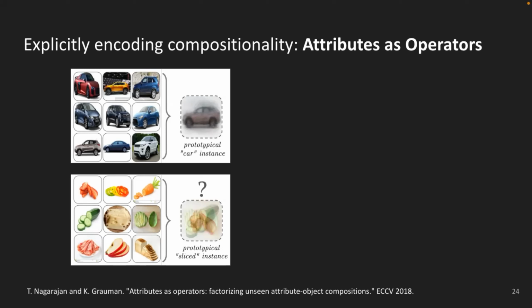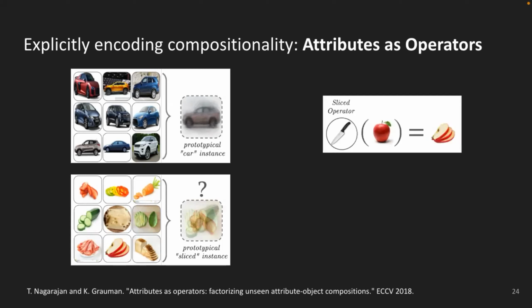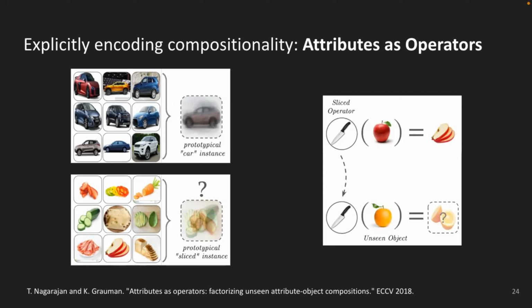In this article, what they said is that maybe we can model attributes and objects as something cooperating, where objects are vectors, and the attributes are just operators working on the vectors. And this is how you find the compositions, by taking your object vector, by taking your attribute matrix and operating on the vector. And you hope, of course, that whatever you learn during training generalizes also at test time.